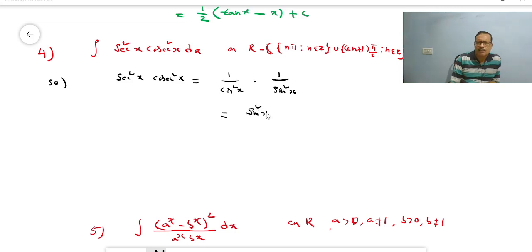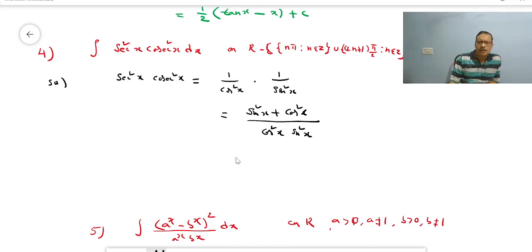So 1 is replaced by sin square x plus cos square x. Because sin square x plus cos square x value is 1, by cos square x into sin square x. Okay. This one is written as sin square x plus cos square x.